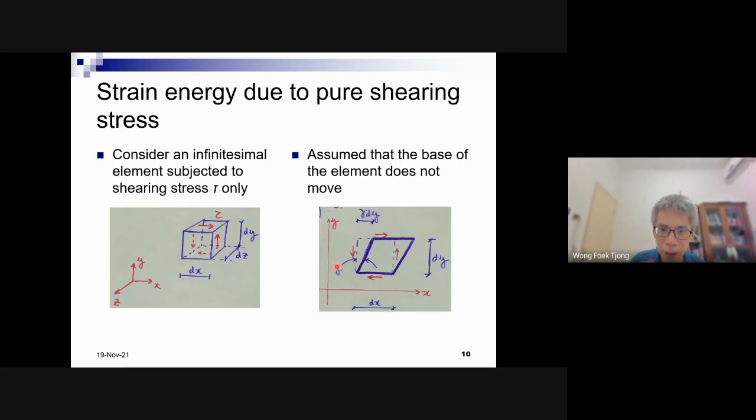We always assume that gamma is very small, so tangent gamma is approximately gamma, okay? It's the length of this side divided by this side. That's gamma. The motion of the top face is gamma times dy.